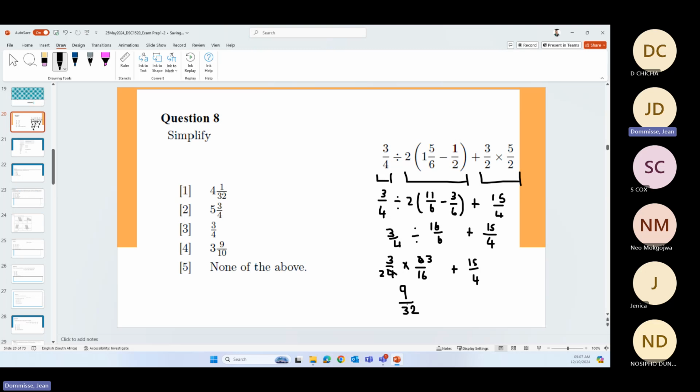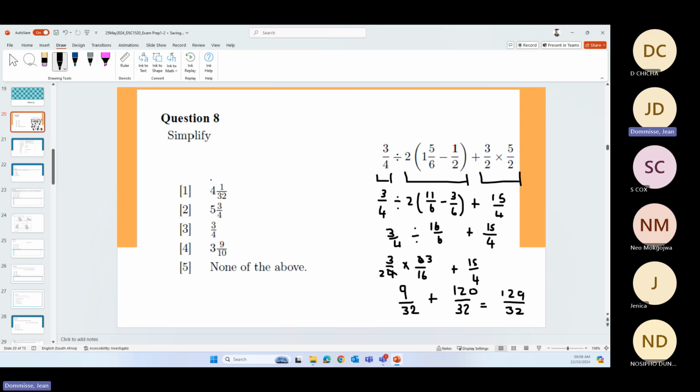So 9 over 32, and let's just change this. So 4 times 8 gives you 32, and 15 times 8 gives you 120. Okay, so then we are set with 129 divided by 32.